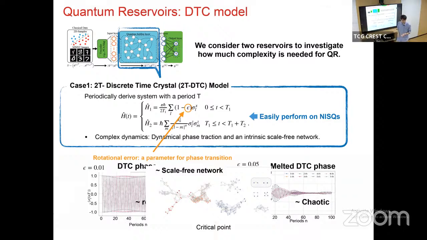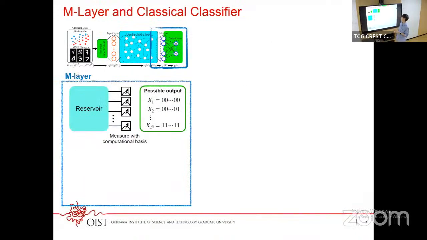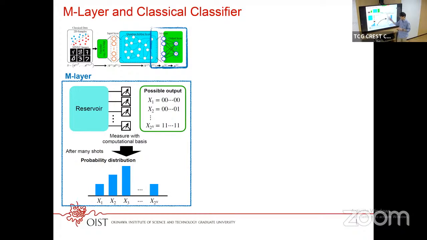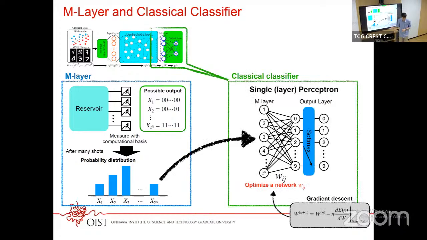But you don't do any optimization of the parameters here at all? Sorry. We optimize the classical part only. No, I'm just trying to understand the goal or the role of the dynamics there. How is that helping you is what I'm trying to understand.